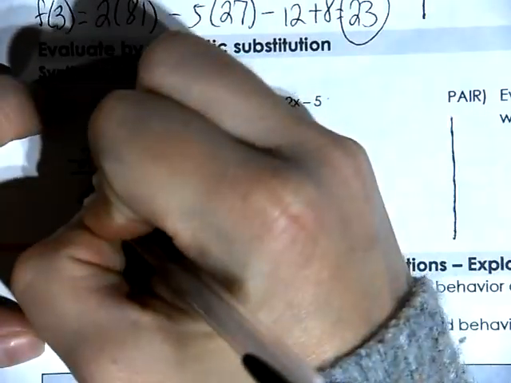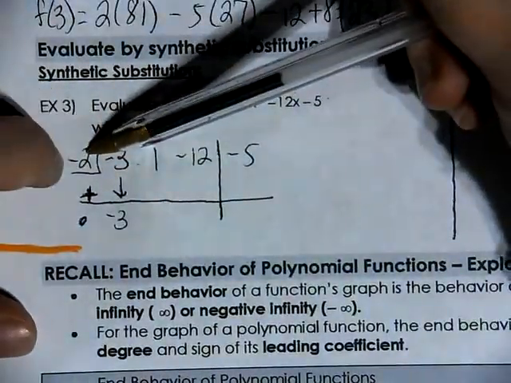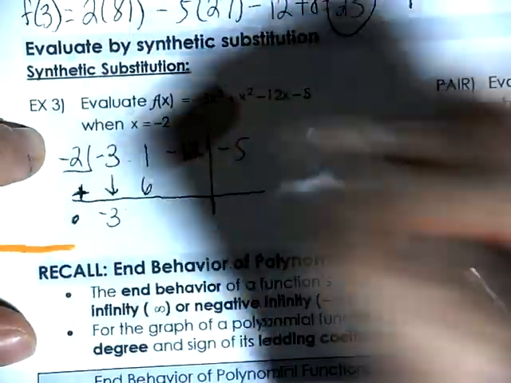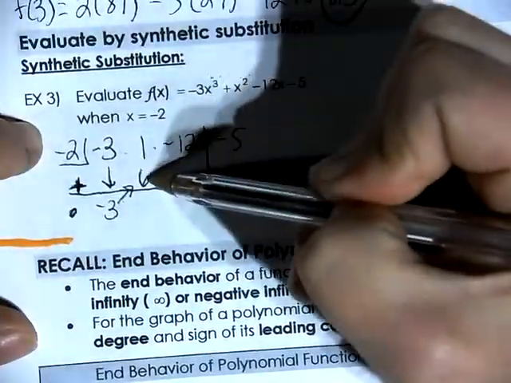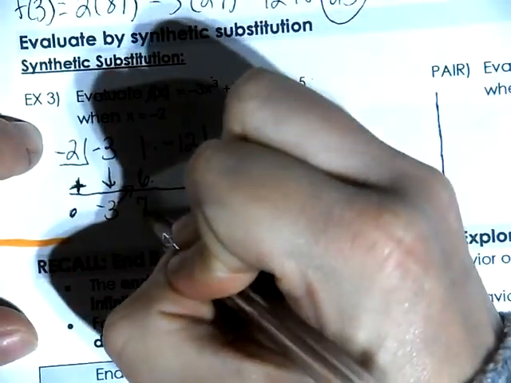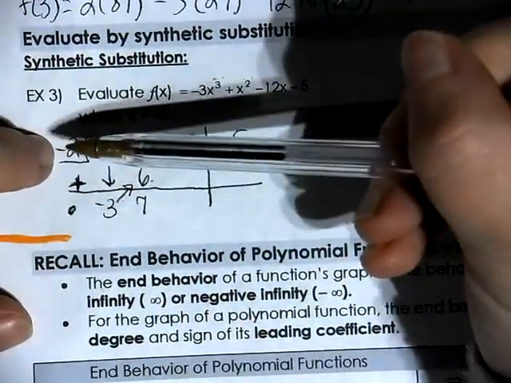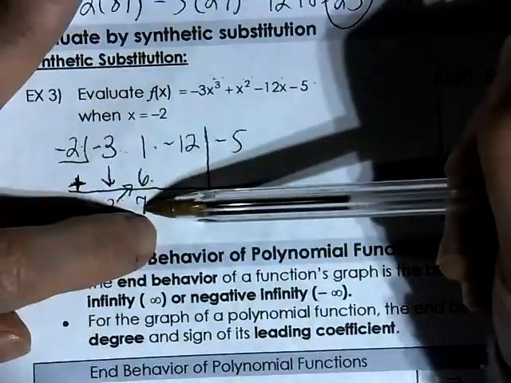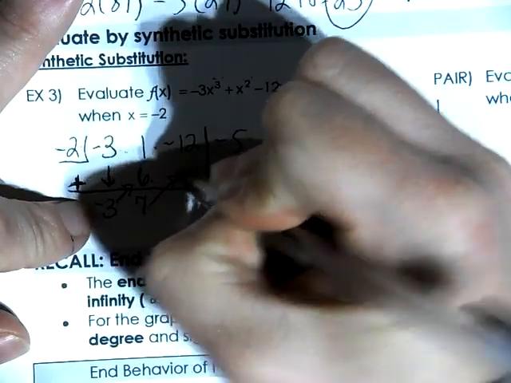So it's addition above and multiplication below. -2 times -3, that answer is 6, and that goes into the next line. 1 plus 6 is 7. Now we repeat. -2 times 7 is -14, and that's what goes right here.